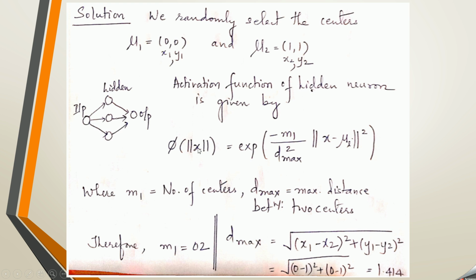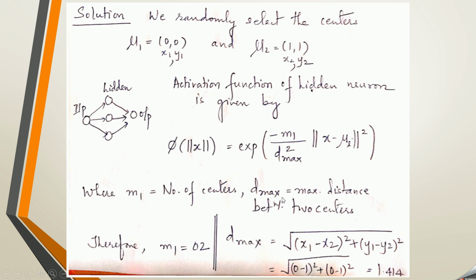We denote the activation function by phi of x, which is exponent of minus m1 upon d square max times the norm of x minus mu i, squared. m1 is the number of centers, because we have taken mu1 and mu2 to be two centers, so its value is going to be 2.